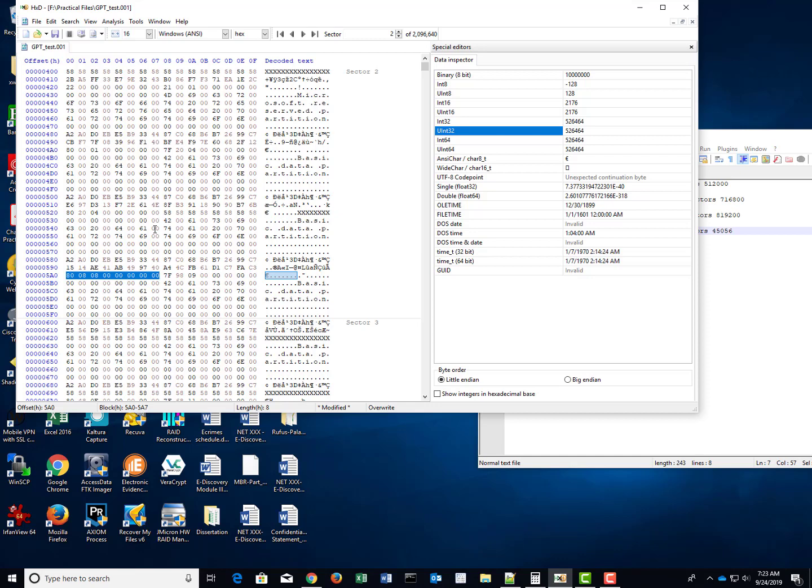The ending sector of partition 3 is always going to be 1 less than the starting sector of partition 4. Again, think about chapters in your book. If partition 3 ended on page 300, the beginning of chapter 4 is going to be 301. So if I know the beginning of partition 4 here is 526,464, I just subtract 1, and that gives me the ending sector for partition 3, 526,463.